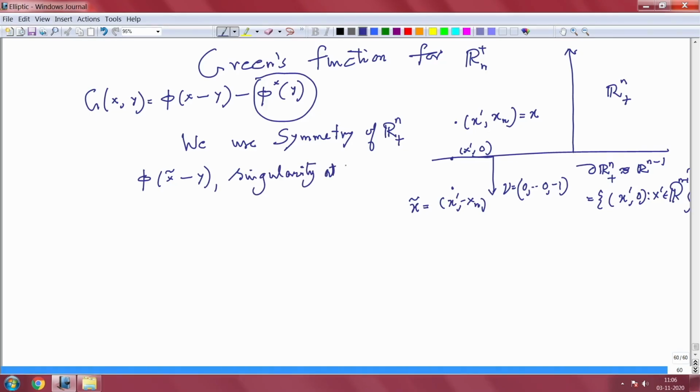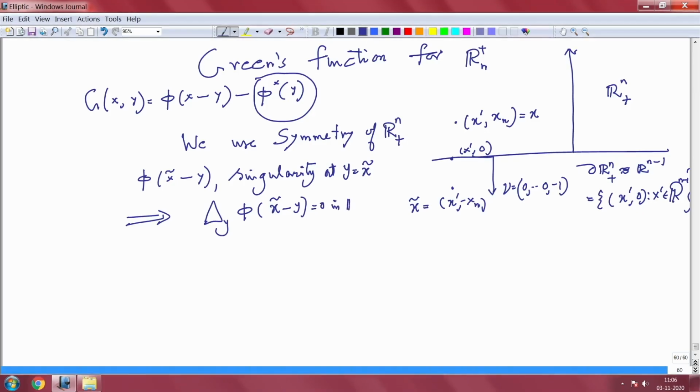That implies immediately the Laplacian with respect to y of phi of x tilde minus y, whether you use x tilde minus y or y minus x tilde, does not matter, because phi is defined in terms of the modulus. So, it is fine. This is equal to 0 in R n plus.